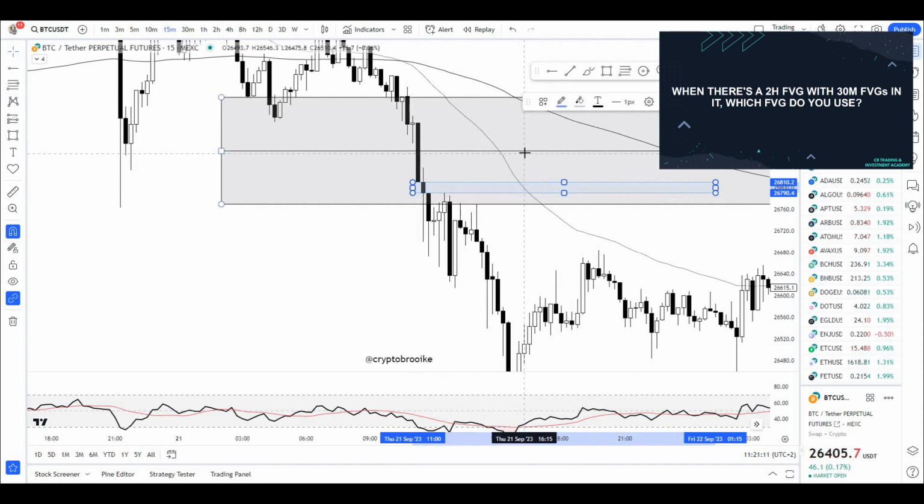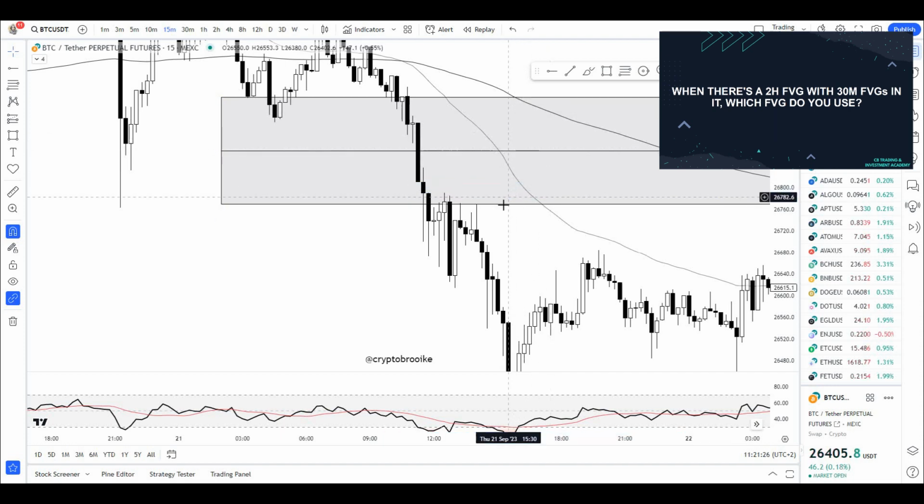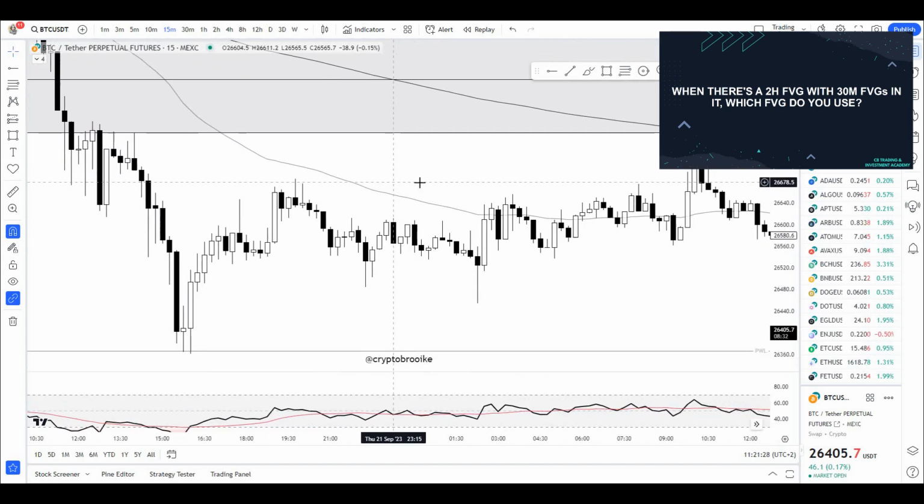So work from the premise that the higher time frame is more reliable, and that for the long run, usually FVGs get filled.